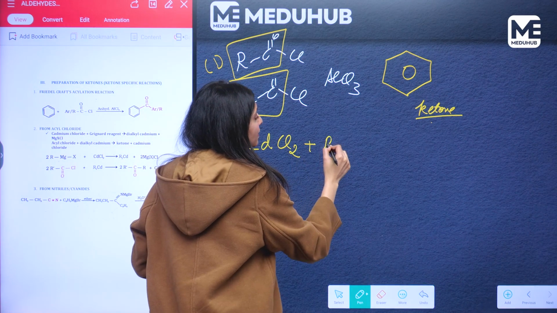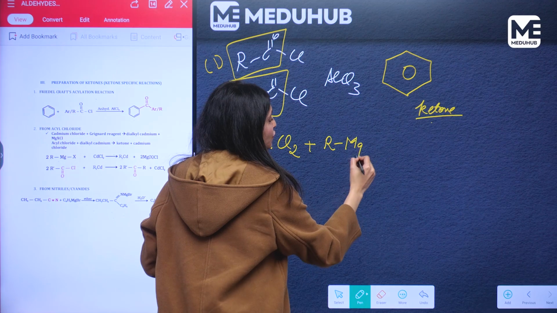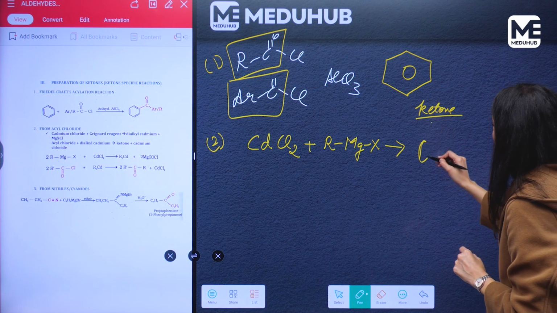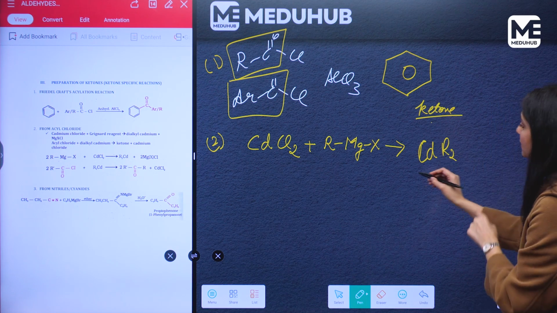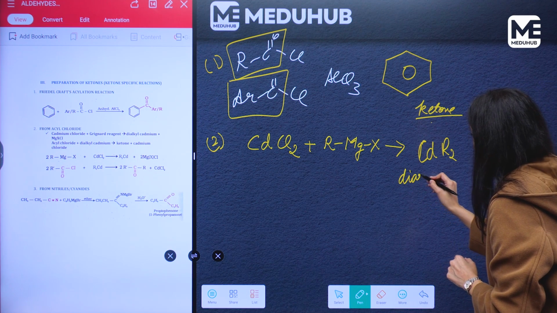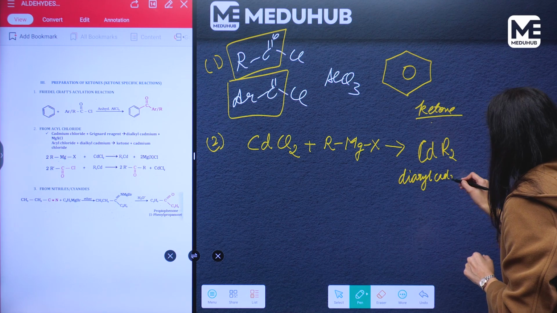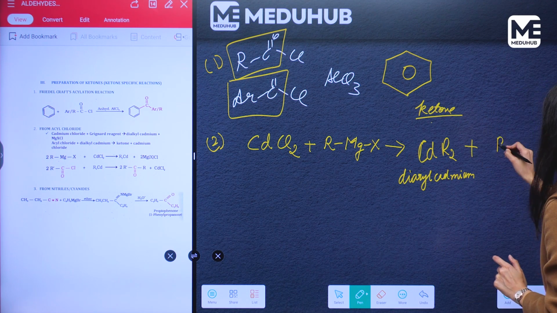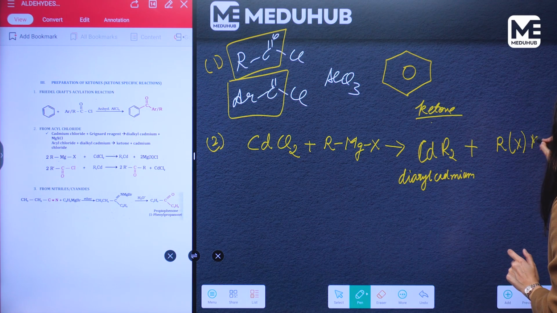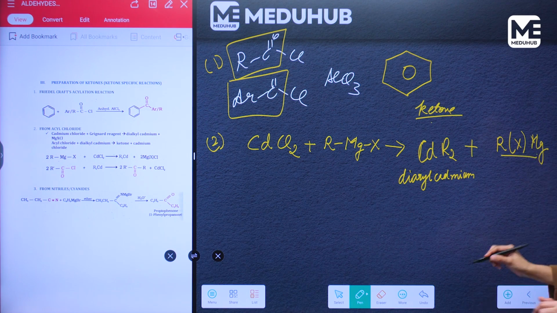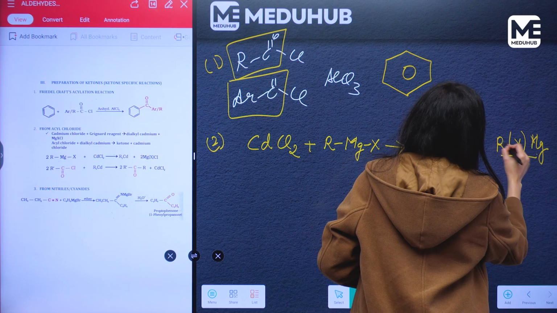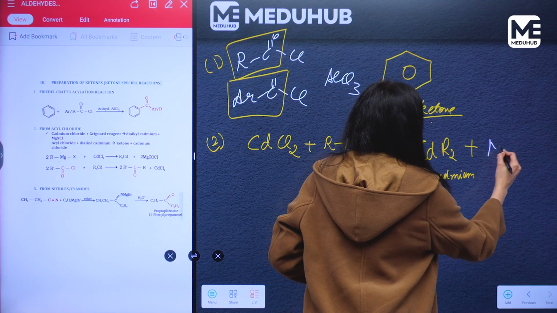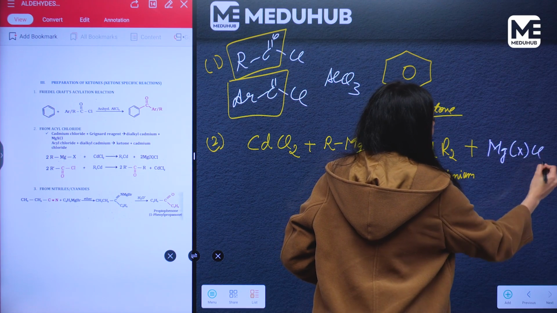It reacts with a Grignard reagent RMgX to give us CdR2, that is a dialkyl cadmium, plus MgXCl.